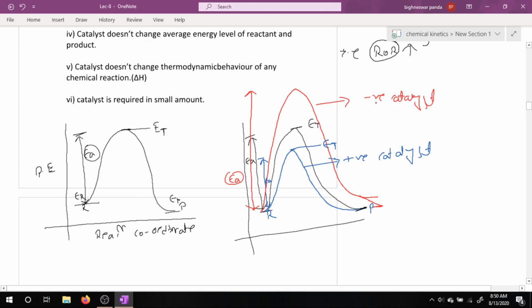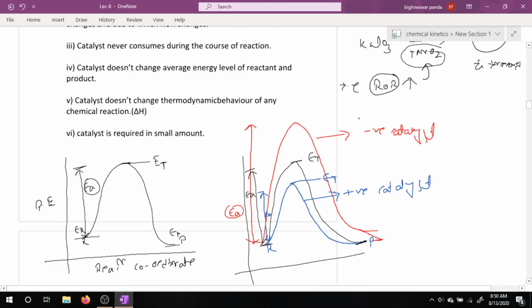Positive catalyst increases the rate of reaction by lowering the threshold energy, and thus the activation energy also decreases and the rate of reaction increases. But with a negative catalyst, it chooses an alternative path that increases the threshold energy. Due to the increase in threshold energy, the activation energy also increases, and due to this there is a net decrease in the rate of reaction.